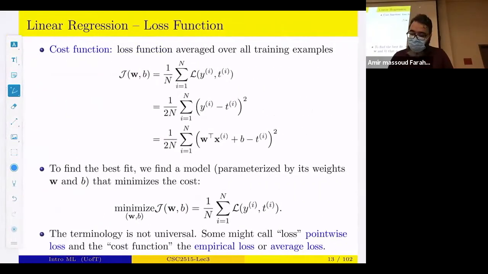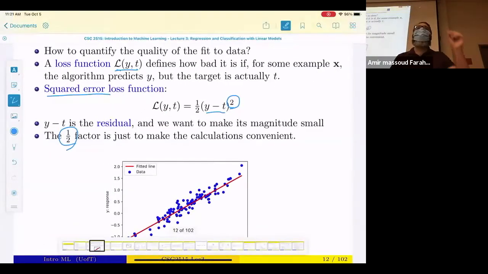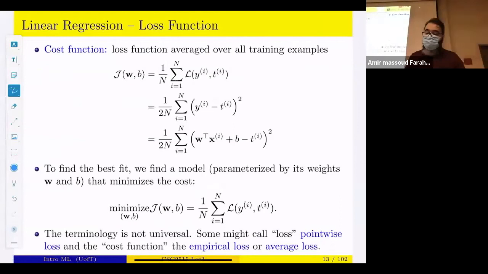Okay, so that was for one point. It says how different Y and T are, and that's the loss for that point. Now we want to talk about the loss over all data points. We have n data points, so what would be the loss? Here we have the notion of the cost function, which is the loss function averaged over all training examples.